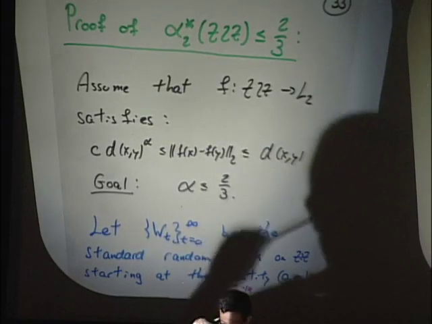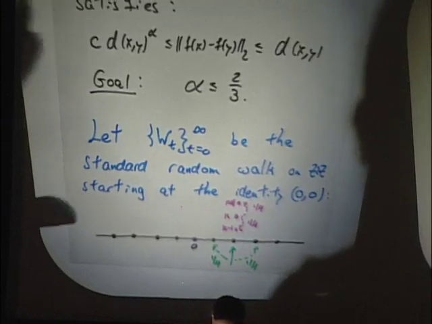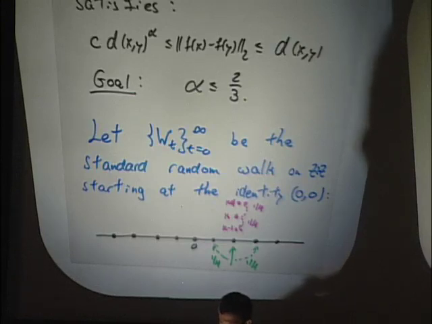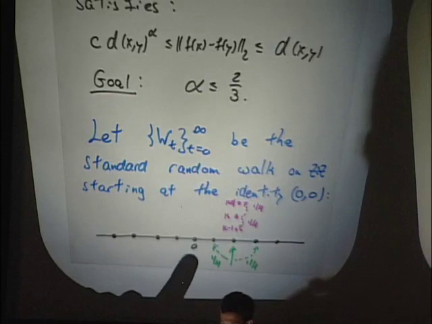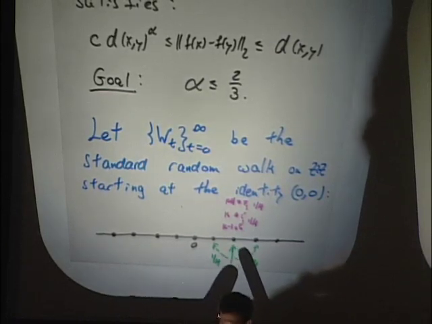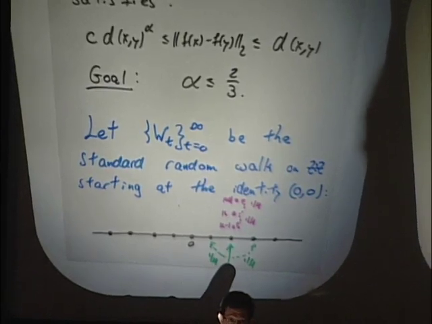Okay? So what you do is you let Wt be the standard random walk on Z with Z, starting at it. So the identity is just the 0 function and the pointer at 0. If at time t I'm here, then I flip a coin to decide whether to go right or left.